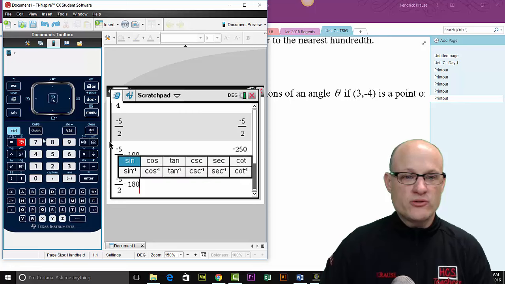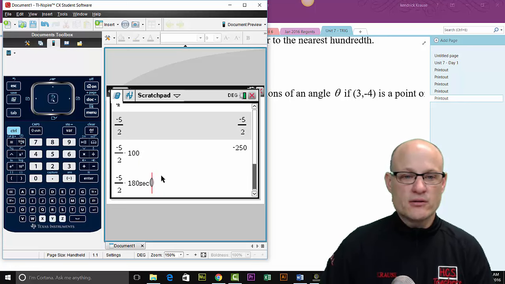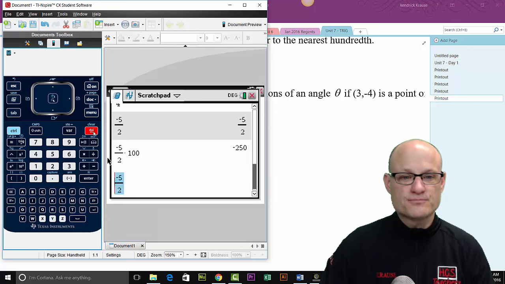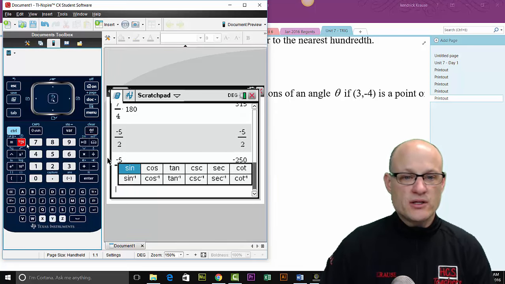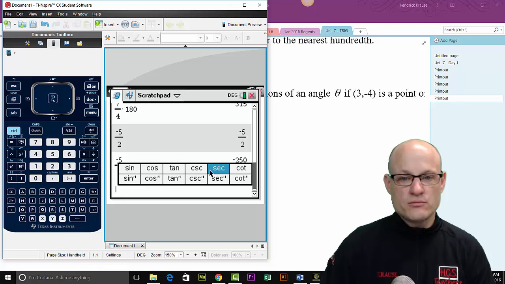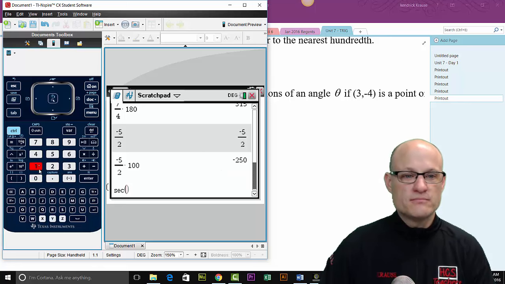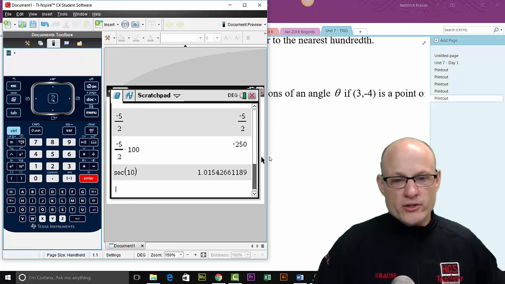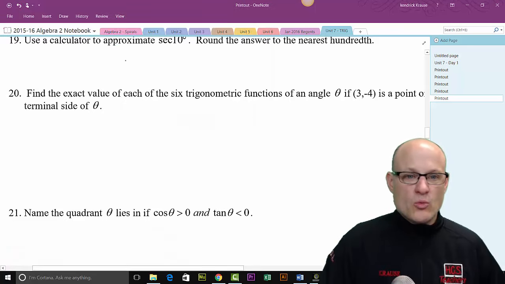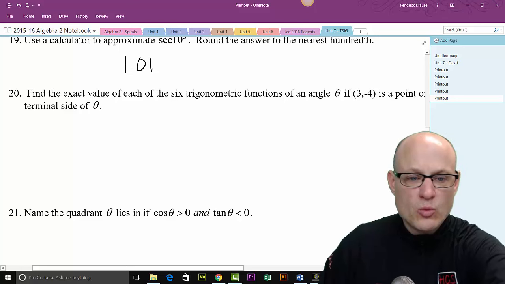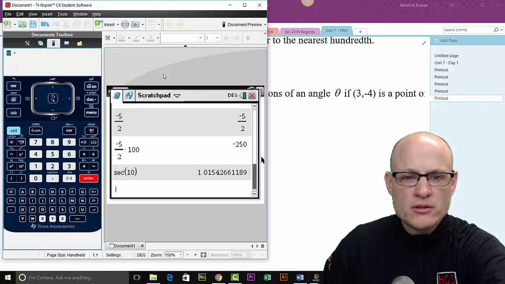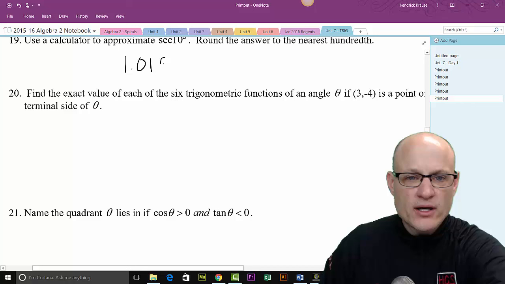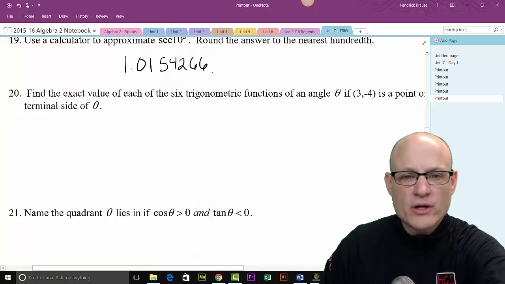Secant 10 equals 1.0154266, 54266, 1189. Took me a second.